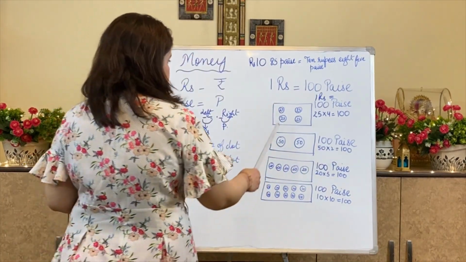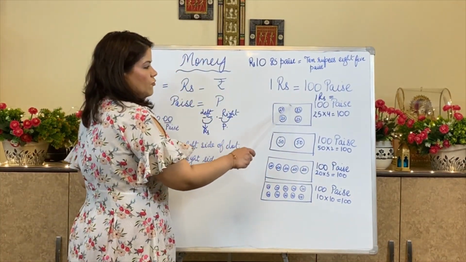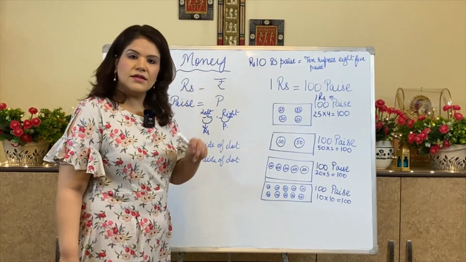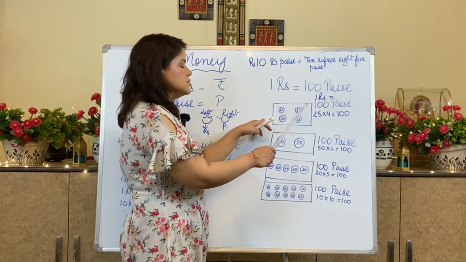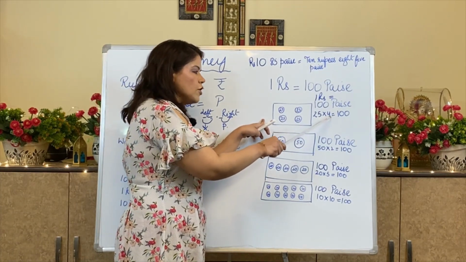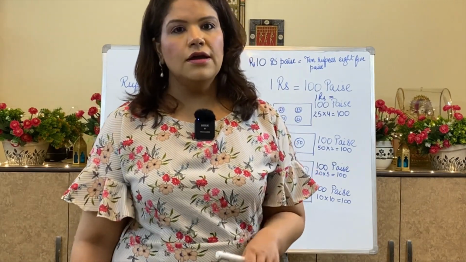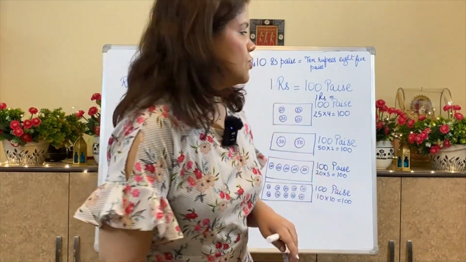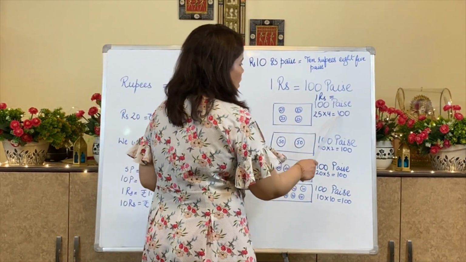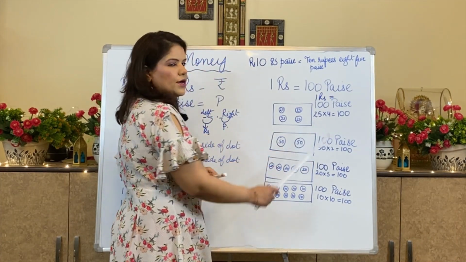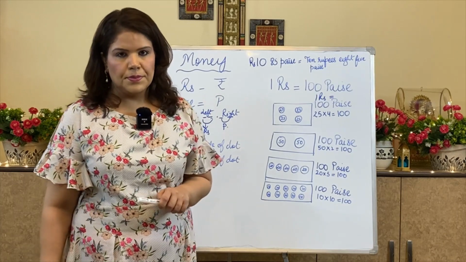Since there are four 25s which are making 100 and they are equal, that means there are 4 equal parts of 25 in 100 paisa. So that's why to make 100 paisa there are four 25 paisa coins we will be taking.